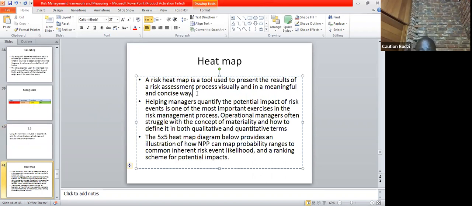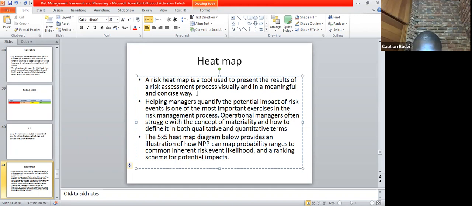So a risk heat map is a tool used to present the result of a risk assessment process visually and in a meaningful and concise way. Usually on a heat map, there's a use of different colors so that it is presentable.